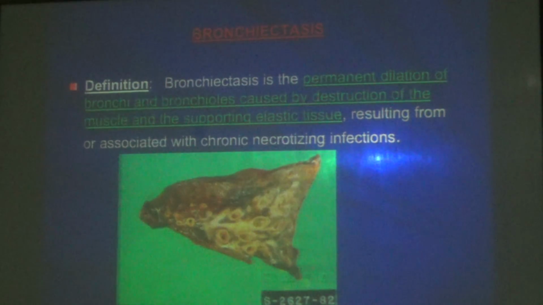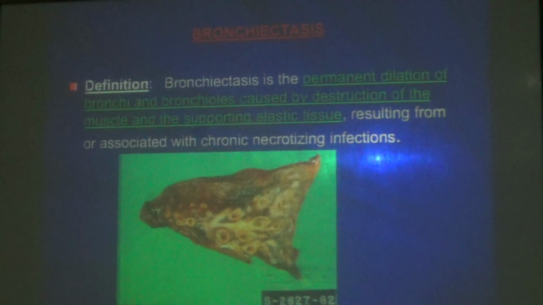Next, the last one is bronchiectasis. This picture is there in your practical session. Bronchiectasis is defined as a permanent dilatation of the bronchi and the bronchioles, caused by destruction of the muscle and the supporting elastic tissue resulting from associated chronic necrotizing infections.